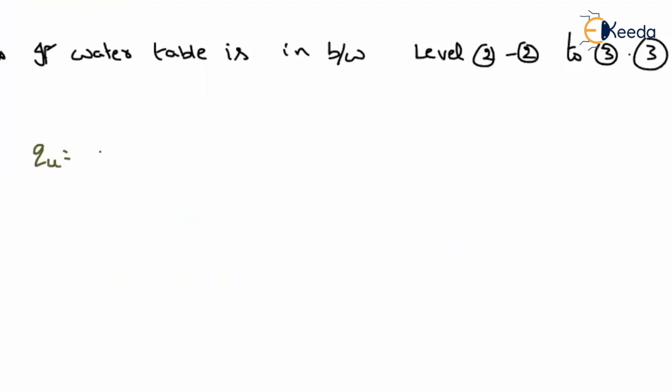Ultimate bearing capacity is c Nc plus gamma D Nq plus half into, what is the term? In the previous case, we have already seen that if the soil is completely dry in level 2 to 3, we directly use B into gamma. If it is completely submerged, we simply use B into gamma dash. But in between level 2 to level 3, some part is under dry condition and some part is under saturated condition.